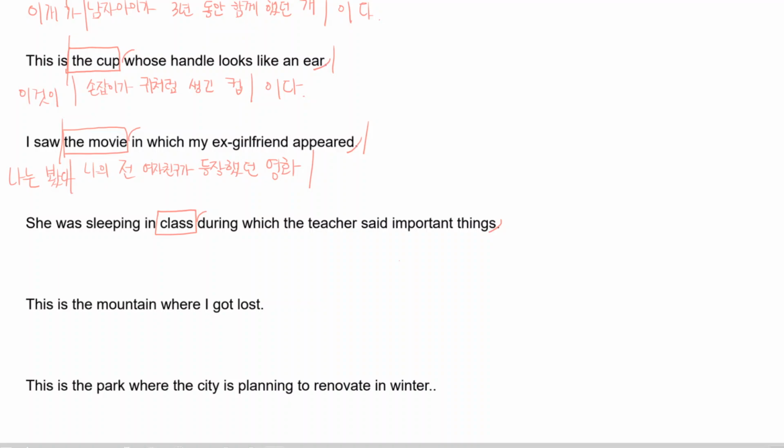So during which is very complicated, a relative bit, but we're going to talk about it later. For now, let's just do this. Okay? Let's just connect this sentence to the noun. Okay? So what does it mean?